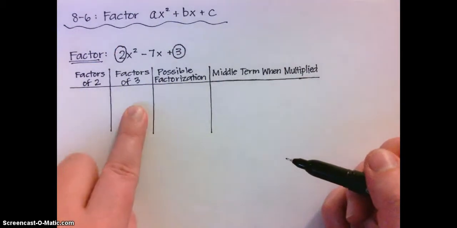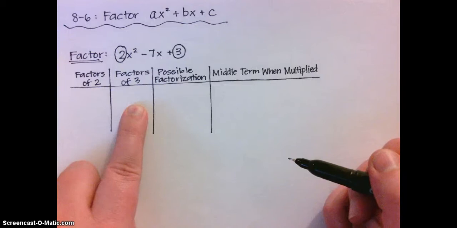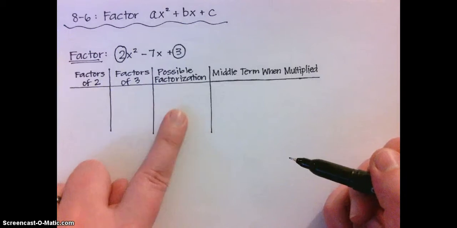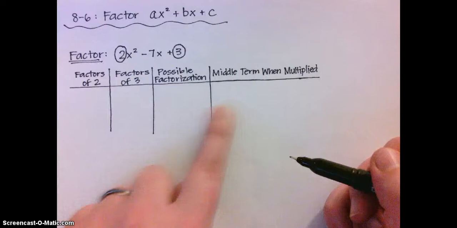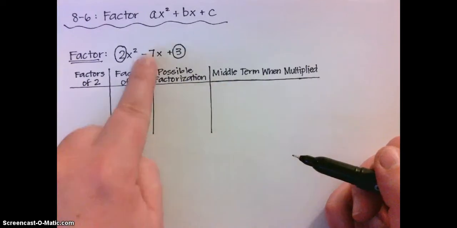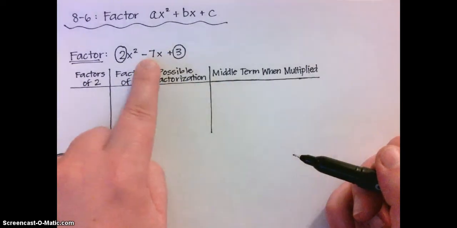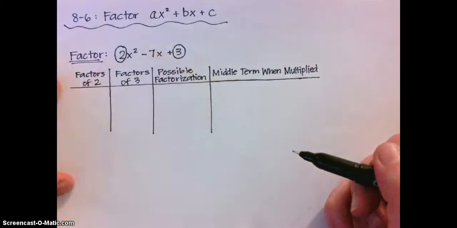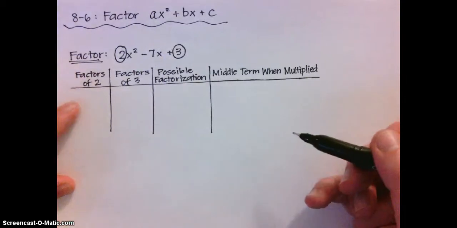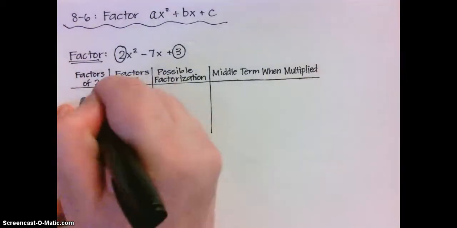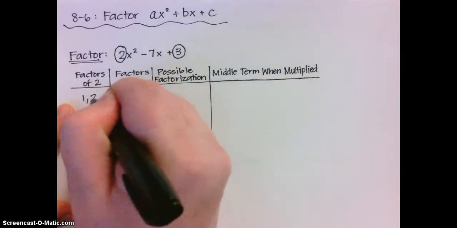I'm going to try to find the factors of 3. And with those combinations, I'm going to be able to come up with a couple different possible factorizations. And then I'm going to try to figure out if the middle term that I get from those will give me the negative 7x. So the possible factors of 2 are 1 and 2, right?